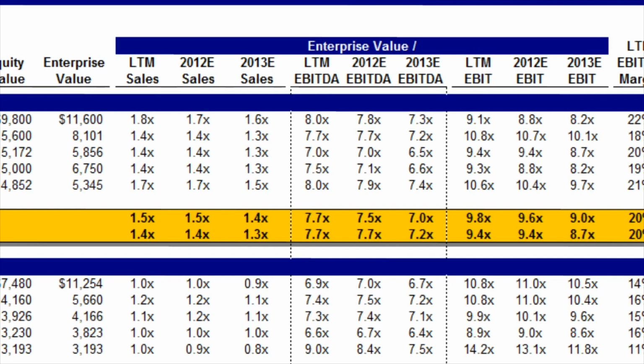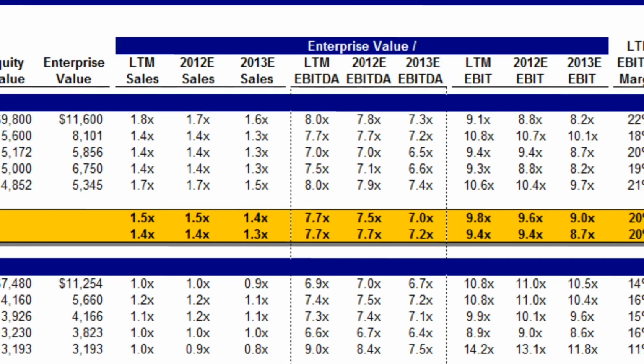We're going to see later what they are. Sales is sales, EBIT is earnings before interest and taxes, EBITDA is earnings before interest, taxes, depreciation, and amortization. You should be familiar with the terms, but we're going to go through them. So for example, on average, companies are trading at 1.5 times sales, or 7.7 times EBITDA, or 9.8 times EBIT.